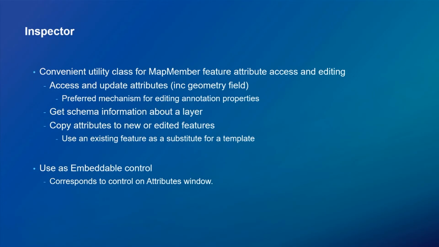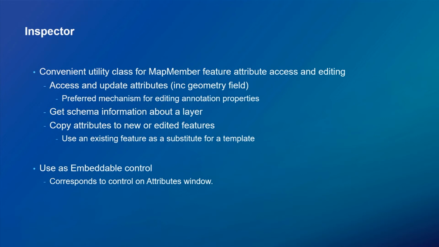So we kind of glossed over the inspector. If you were in my session yesterday, the basic editing session, Sean and I talked a fair amount about the inspector and the edit operation itself. But very quickly, our inspector is our convenient utility class for updating attributes or accessing attributes.